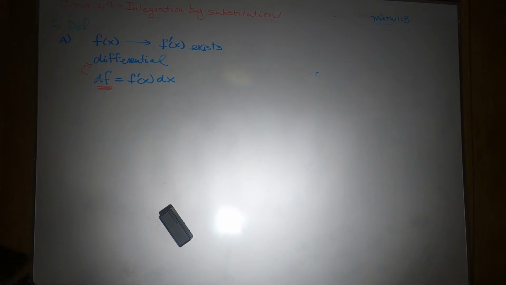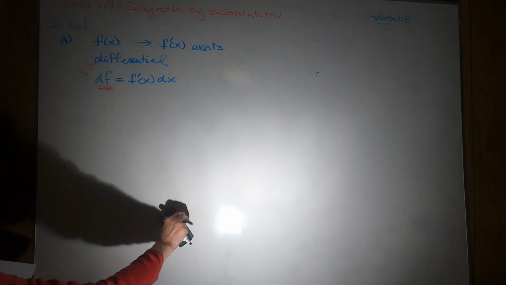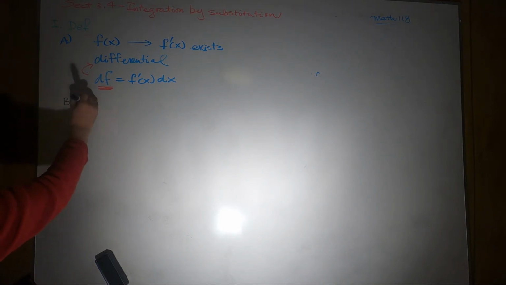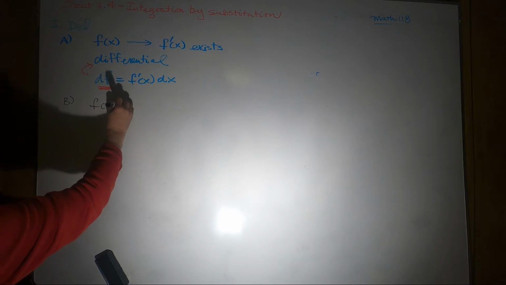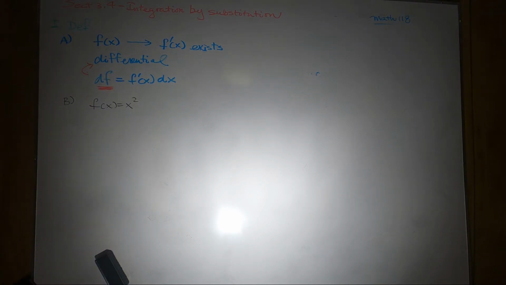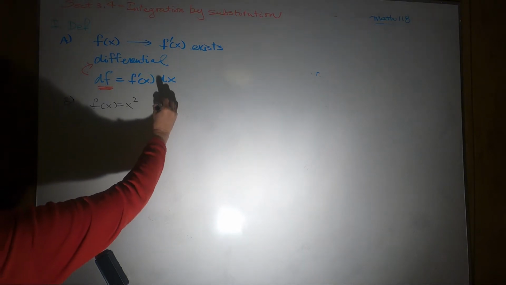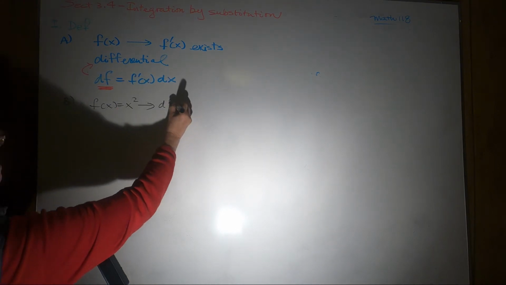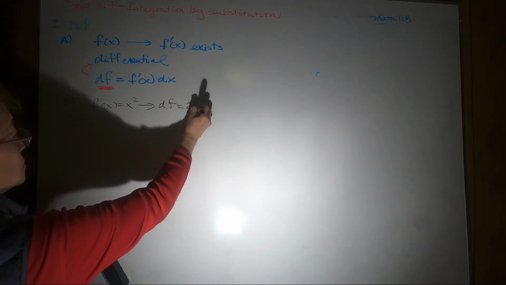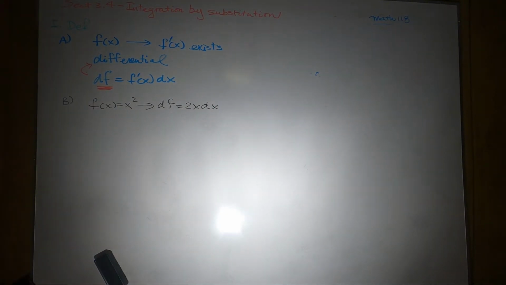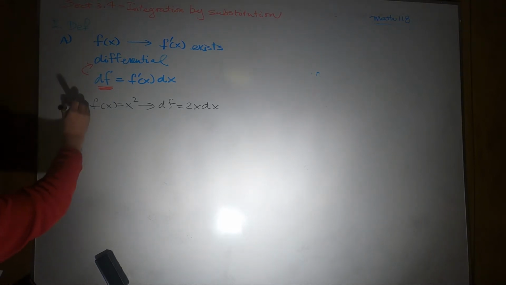So let's practice the skills and the symbols first. If f of x equals x squared, what's the differential of f? You write df, then take the derivative of x squared, which is 2x, with respect to x, so we spell it out: 2x dx.